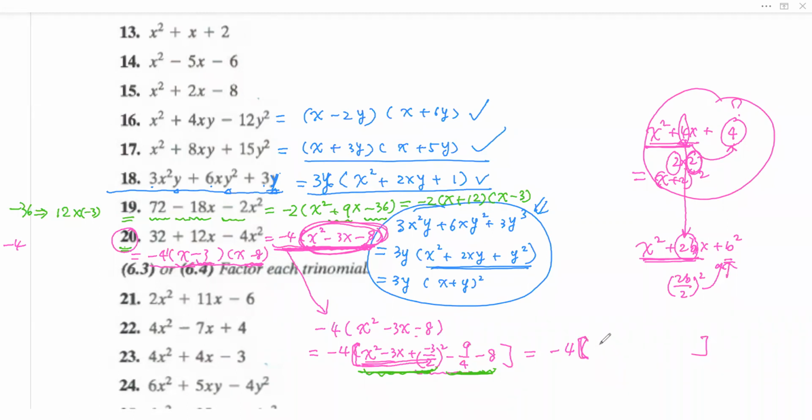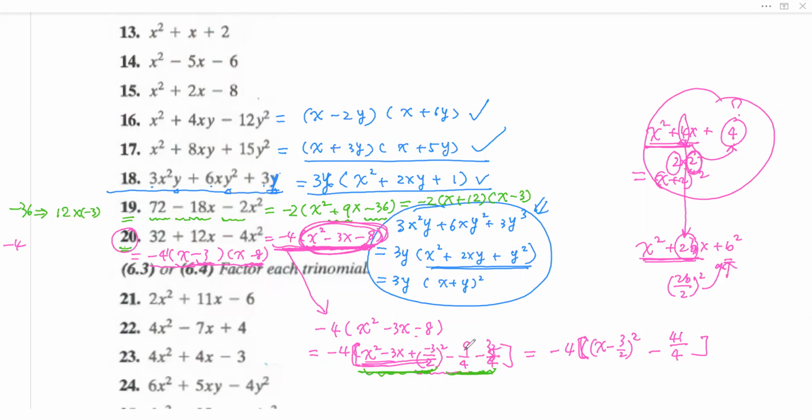What's here? Here is (x minus 3/2) squared, right? What's the second part? 4. So here is 4, 32. Here became 41. Did you guys see this?